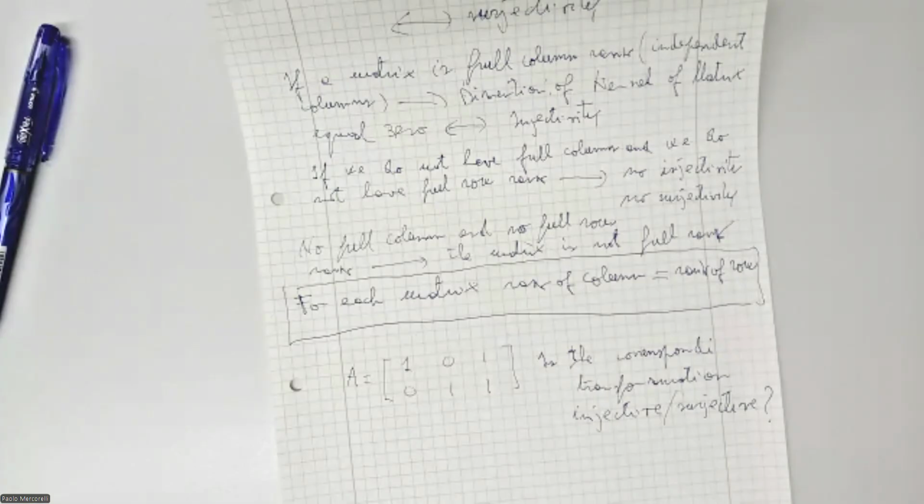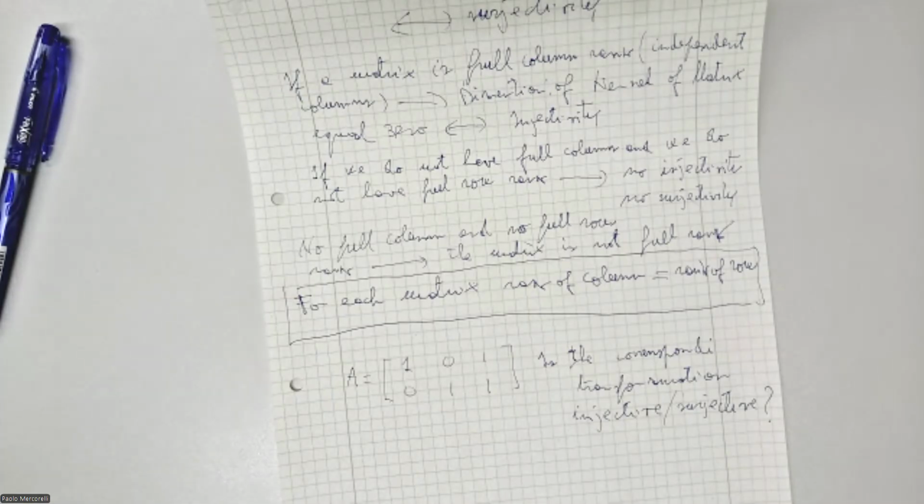It depends on the dimension of the kernel. The dimension of the kernel is not 0. This means the dimension of the kernel could be 1 or it could be 2.